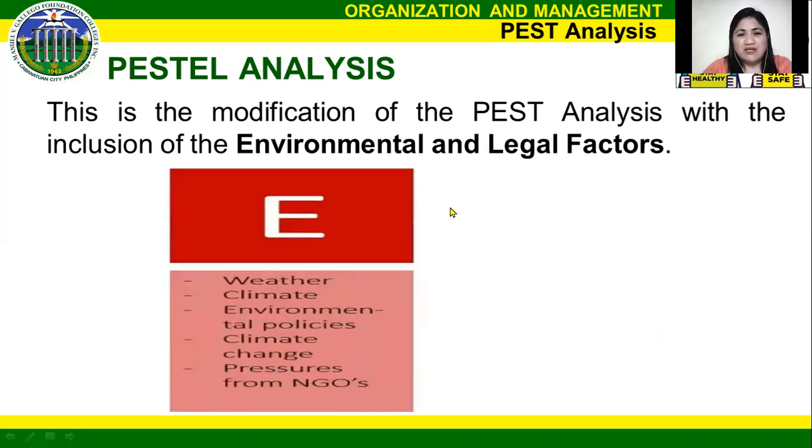So when we talk about the environmental factors, again, ito yung nabanggit na natin kanina doon sa ating threats, kasama din yung weather conditions, bagyo. May mga La Niña, El Niño, sobrang lamig, climate, environmental policies.